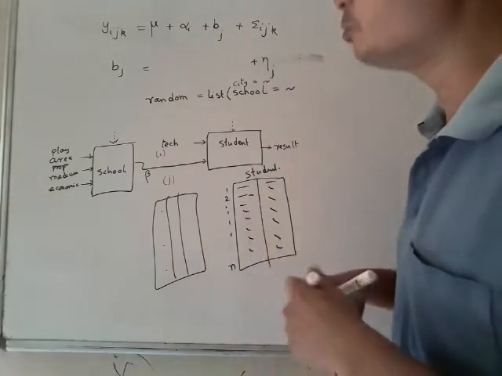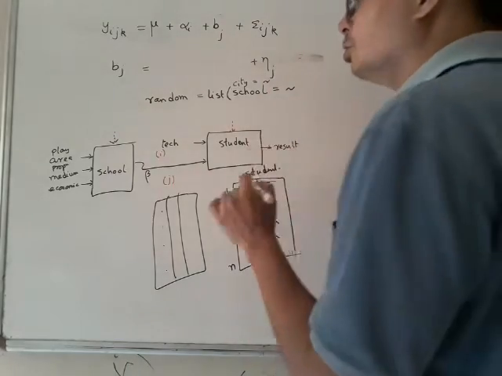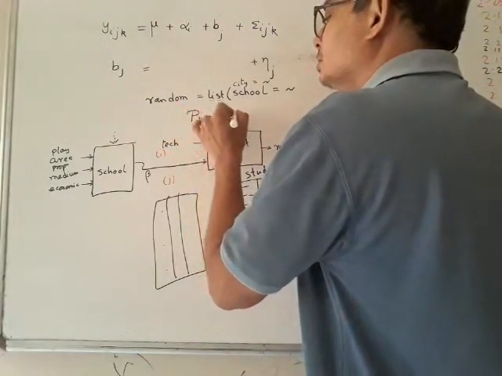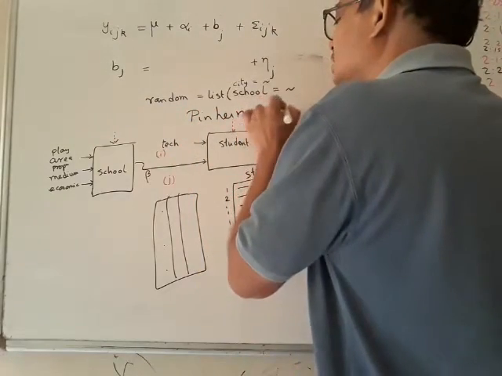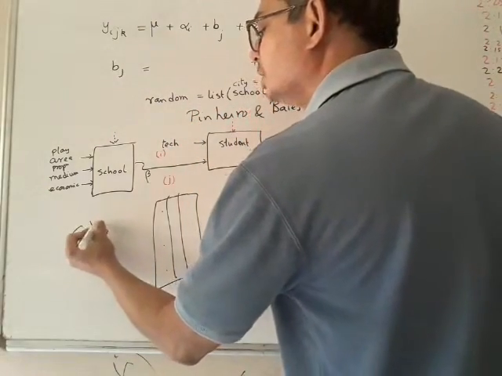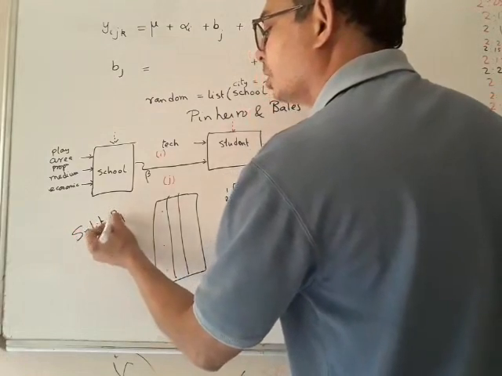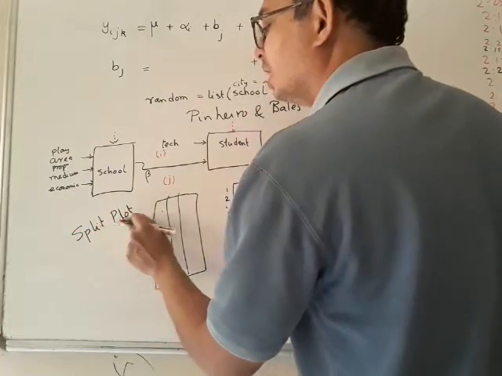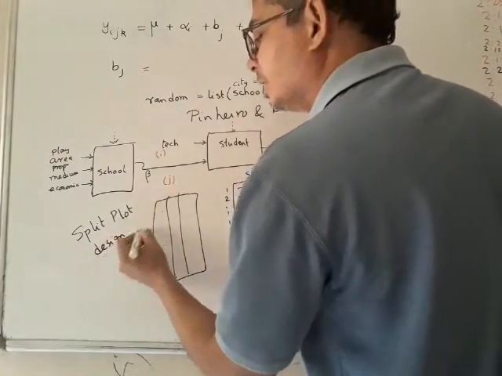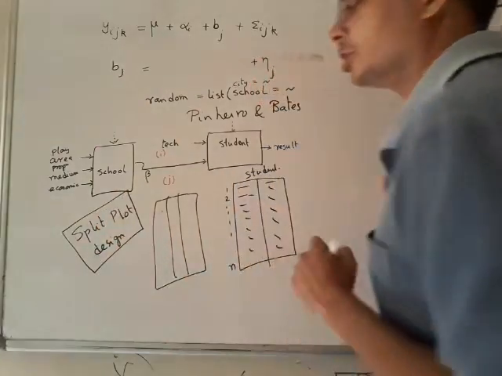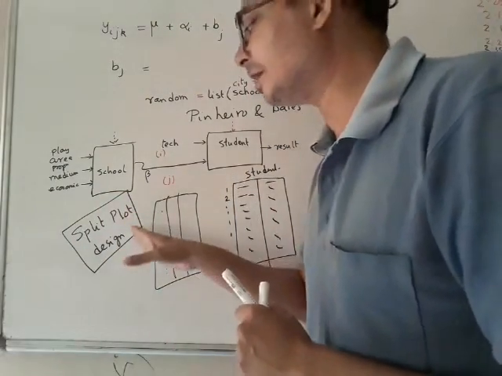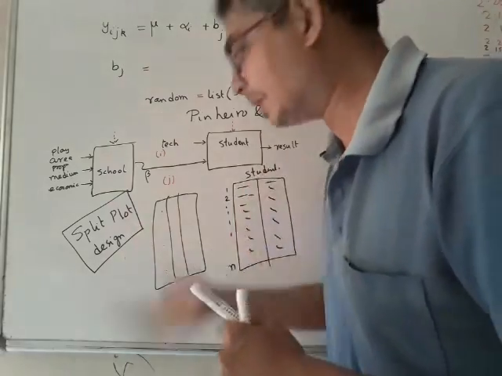If you want to read more about it, it's a good idea to read that book by Pinheiro and Bates, especially the section on split plot design, which is one very common example of multi-level modeling. In the next semester, you are going to learn about split plot design, and many students have great problem understanding what this is and they end up cramming it.